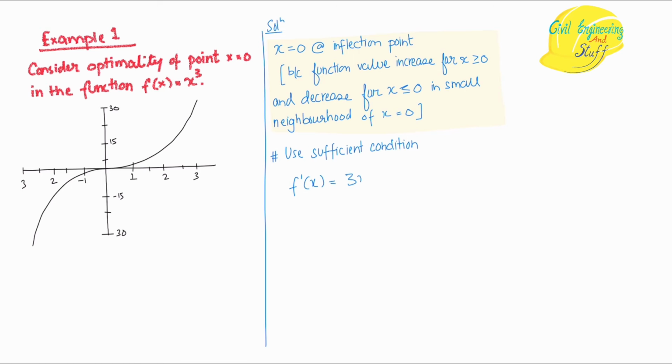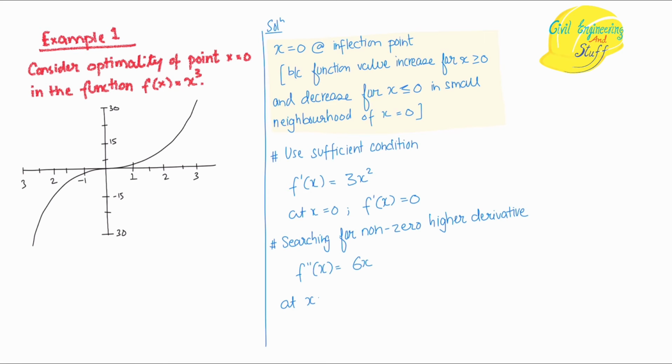We will find f dash x, right? And then we will search for a non-zero higher derivative. So f double dash x equals 6x, and at x equal to 0, f double dash x is equal to 0.